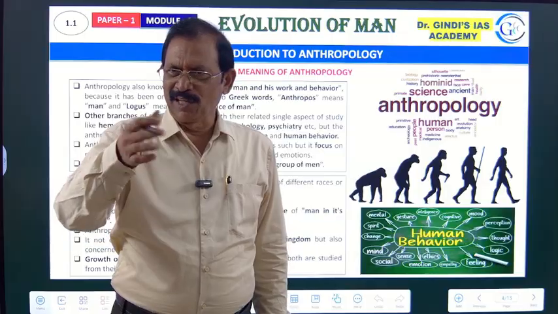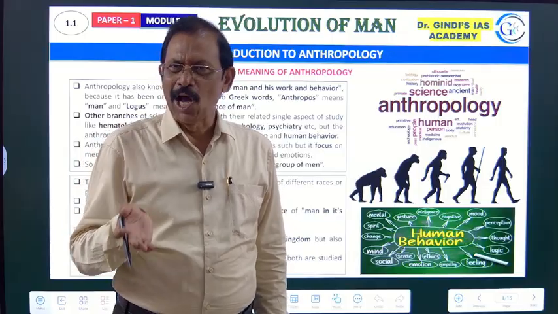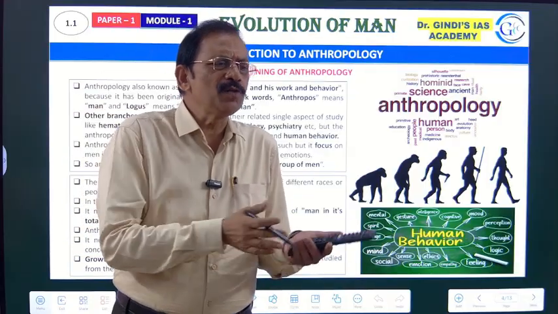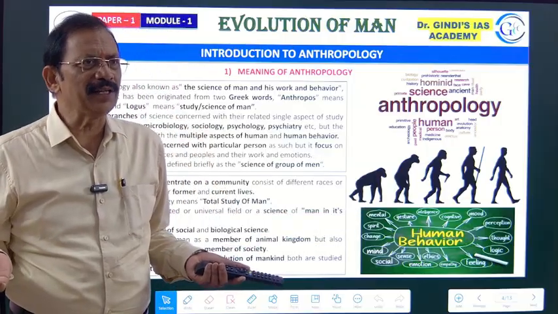The opposite term for revolution is evolution: slow change, gradual change. Revolution means sudden change; evolution, technically, is slow, gradual change.